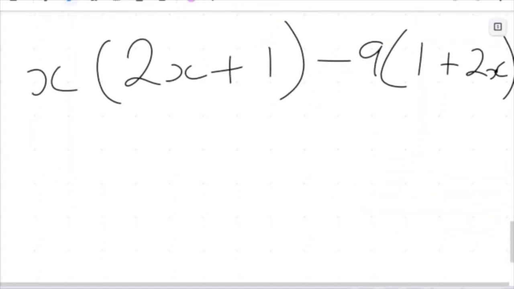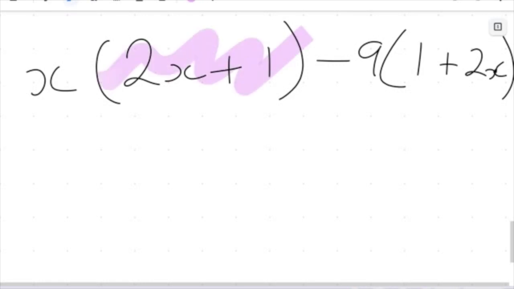Now you could be asking, oh, well, this thing is different to this. Now it looks slightly different, but not really. The expression is still the same. The order is just different, right? We have 2x plus 1 over here, and we have 1 plus 2x here. Now for addition, even though we don't know what 2x is, when we add it to 1, no matter which way we do it, it still gives us the same thing.